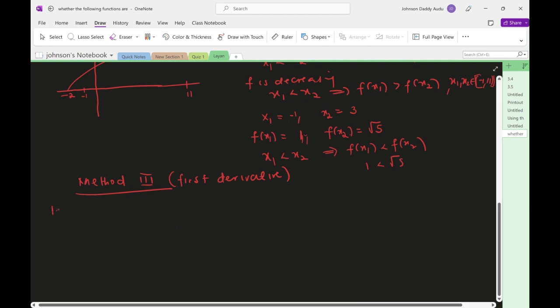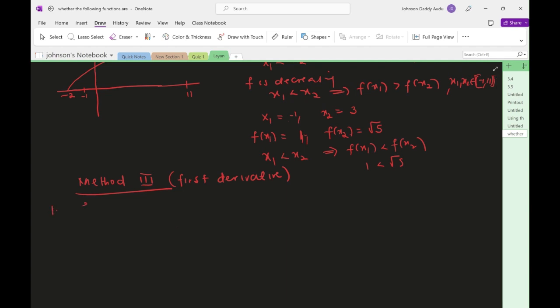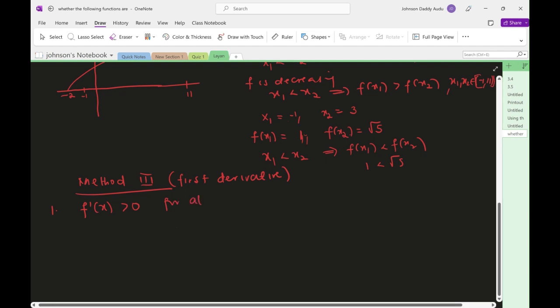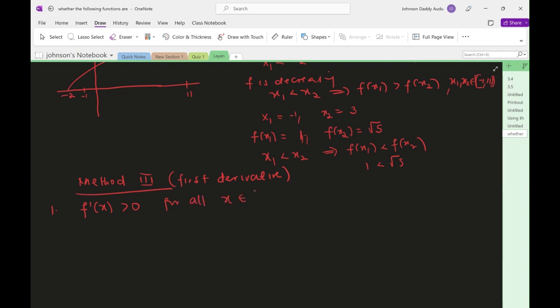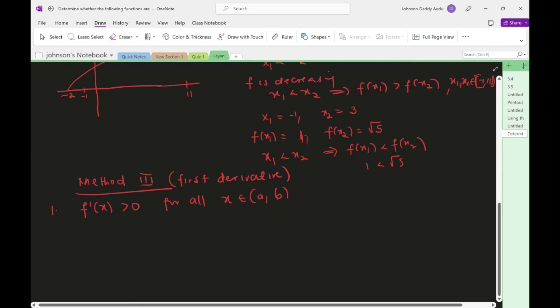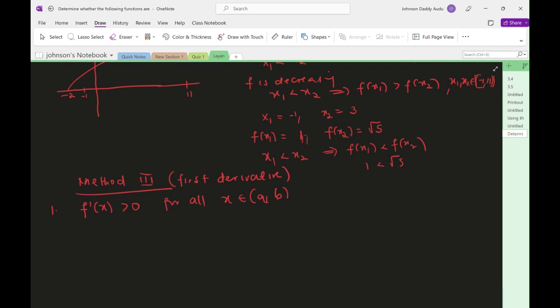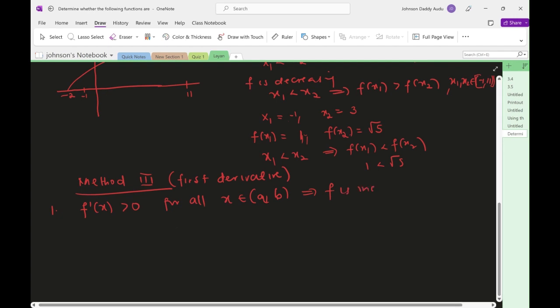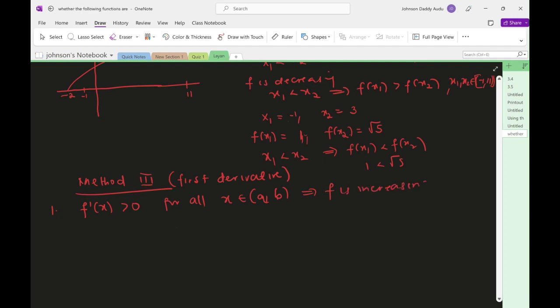So the first derivative method says what? If you have f prime of x greater than 0 for all x in your interval, for example, now you can leave it as an open interval (a, b), then this means that your f is increasing.